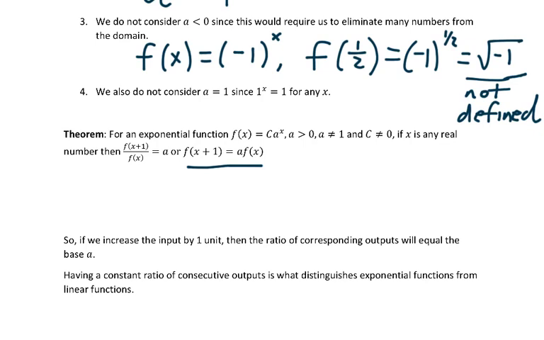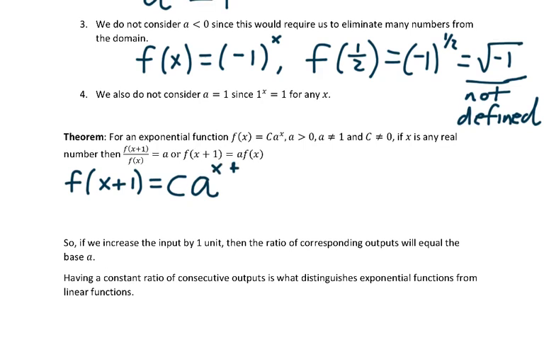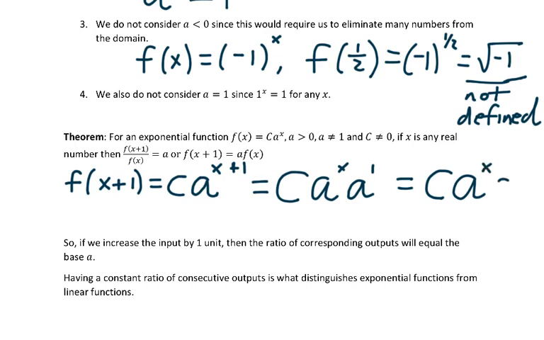But why is this theorem true? It's really just a straightforward calculation. If we do f of x plus 1, what do we get back? That's going to be c times a raised to the x plus 1. But that is equal to c times a to the x times a to the 1. But a to the 1 is just a, so really what we have is c times a to the x times a.